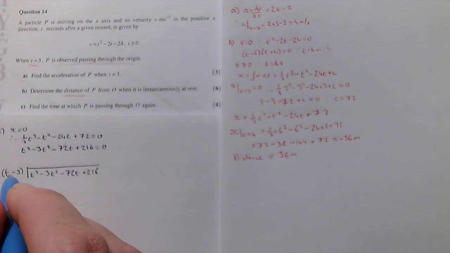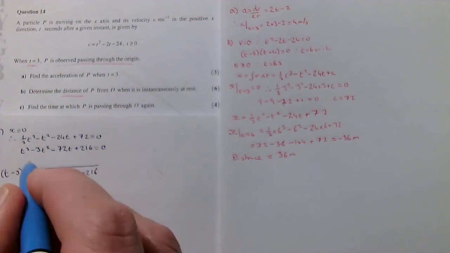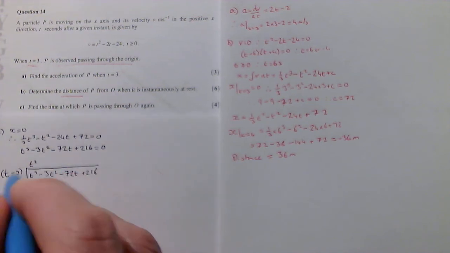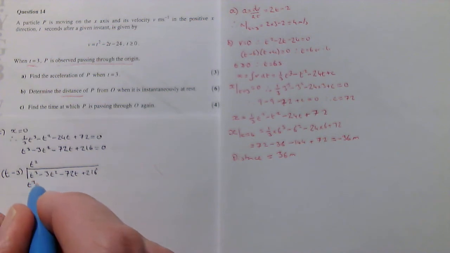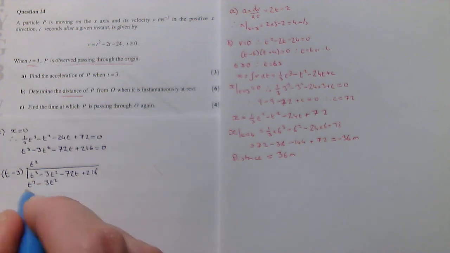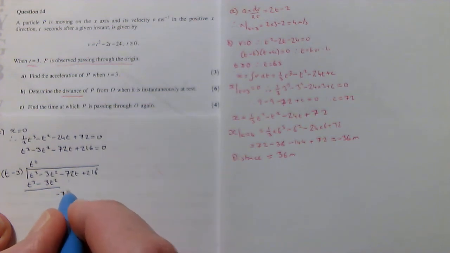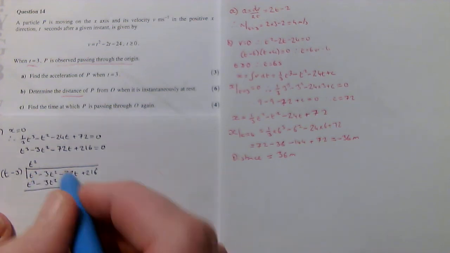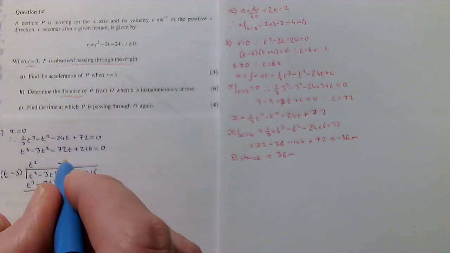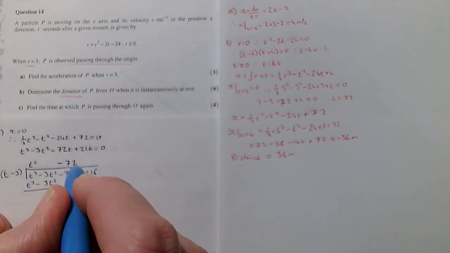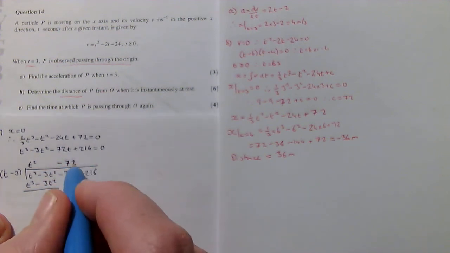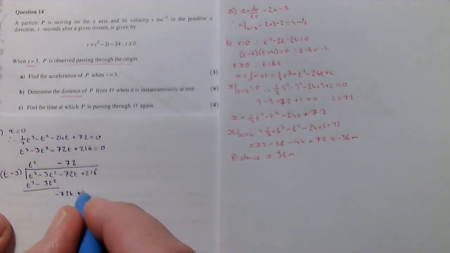Well, t minus 3 into t cubed must go t squared times. Multiplying that together gives me t cubed minus 3t squared. So that's going to give me nothing. So I'm going to bring down the next term, which is minus 72t. So here, I need to put in minus 72, and that would give me minus 72t plus 216.